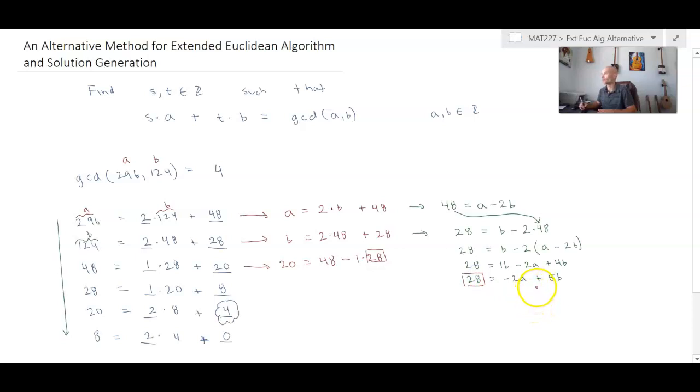And also, we note that 48 is equal to the original thing we wrote down. So once again, we just get to substitute out the two quantities, namely the dividend and the divisor both get to be written out in terms of a and b.